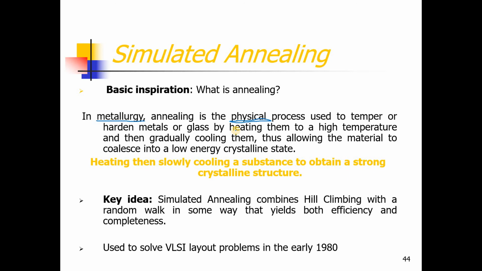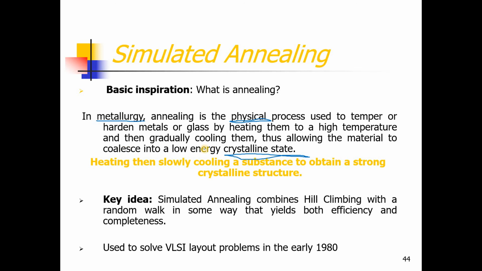And how do they do this? They do this by heating them to a high temperature and then gradually cooling them down. This allows the metal to coalesce, meaning to align itself into a low energy crystalline state.